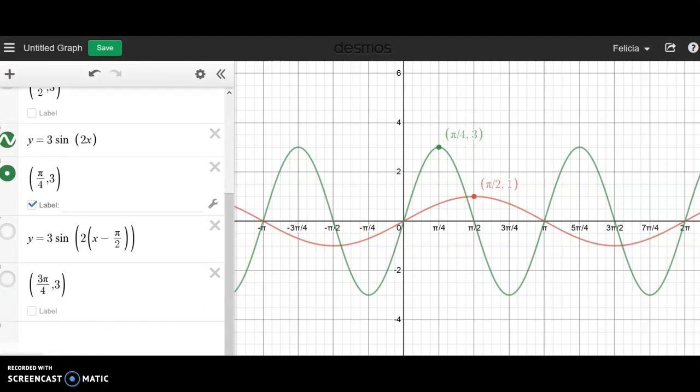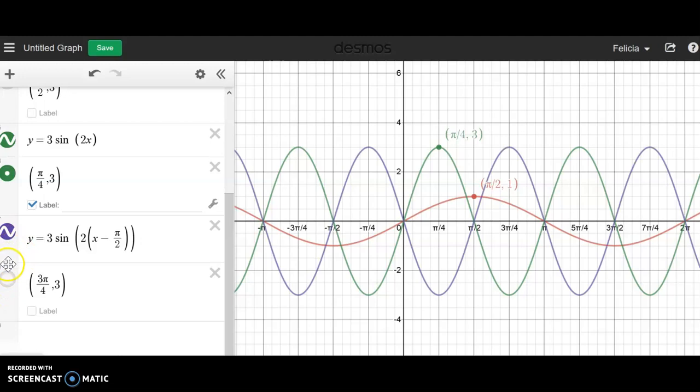And for our last transformation, we're going to take our graph and shift it to the right pi over 2 units. So let's take a look at what happens with our graph here. I'm going to leave the green one where it is, and I'll turn on my last graph. And let's take a look at that point pi over 4 comma 3.